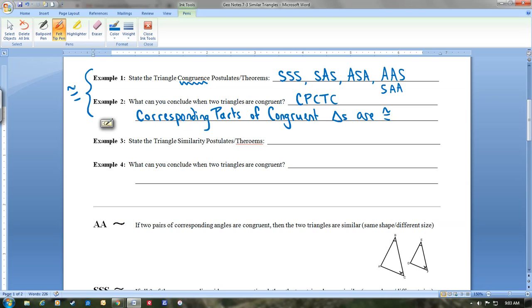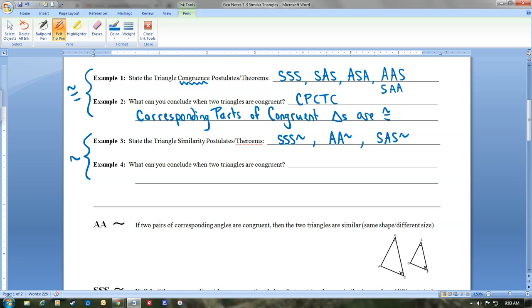So now we're going to be talking about similarity. Similarity is we'll either have a side, side, side similarity, meaning corresponding sides are proportional, or angle, angle similarity, corresponding angles are congruent, or we'll learn today new side, angle, side similarity.